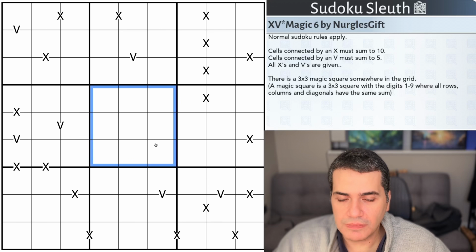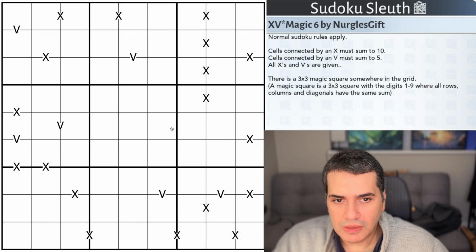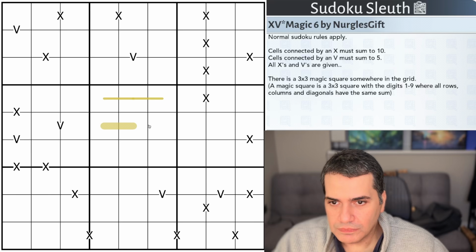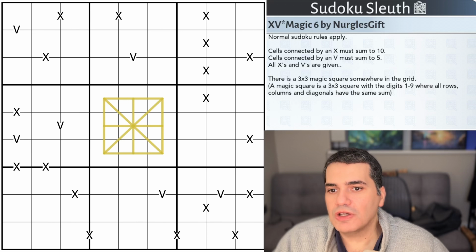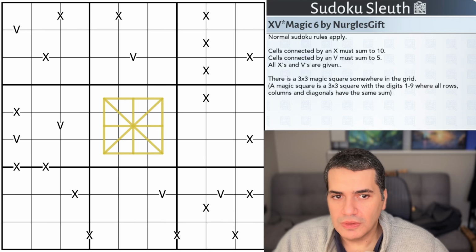We don't know where it is. What it's saying is that all 3 rows, all columns, and the diagonals all have to come up to the same sum. So we're going to have to find this, and that's all the rules we have for today.